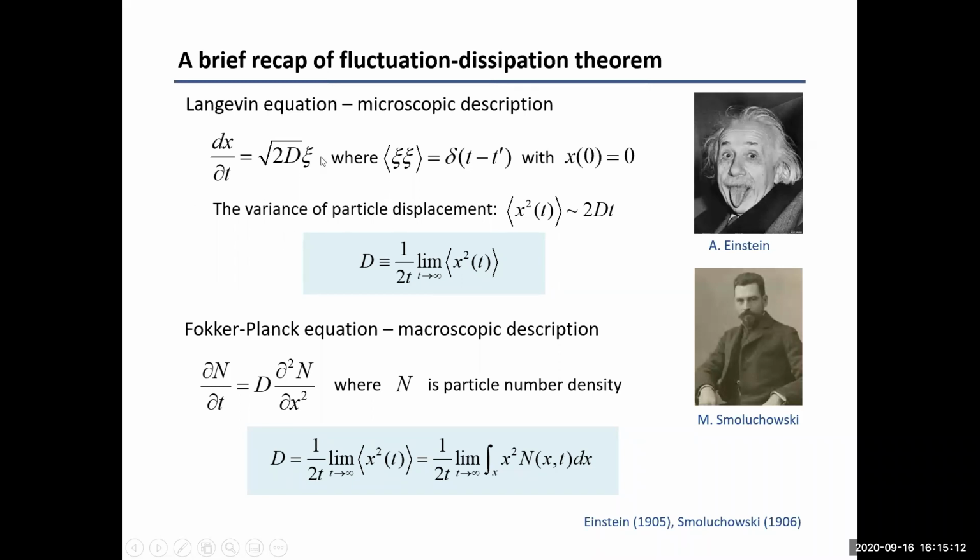What is important here is that the fluctuation at the microscopic level becomes the diffusion coefficient or dispersion. So this relation establishes the link between the fluctuation at the microscopic level and the dispersion or diffusion at the macroscopic level.